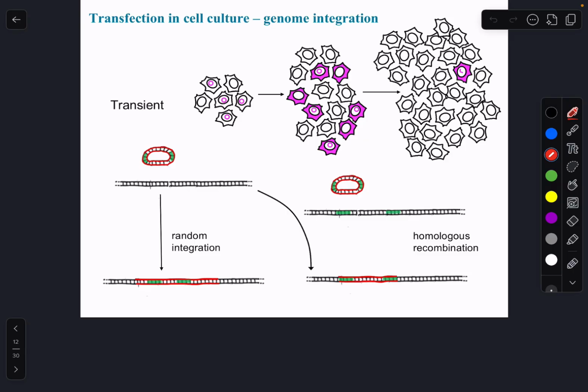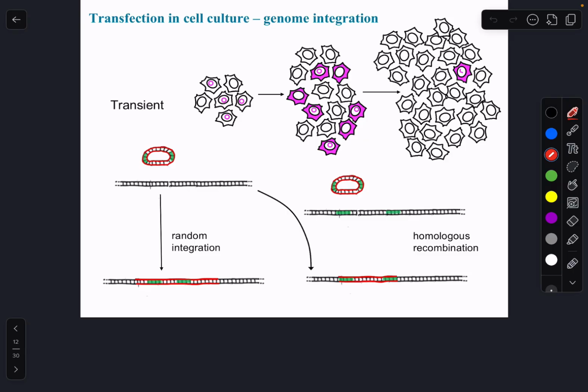So it's almost like, oh, I recognize some sequence here in this circular DNA. I recognize similar sequences in one of my chromosomes. I'm going to put it there. I think it belongs there. That happens. It's an extremely rare phenomenon, but it happens. And as we would see in a few slides, it matters.